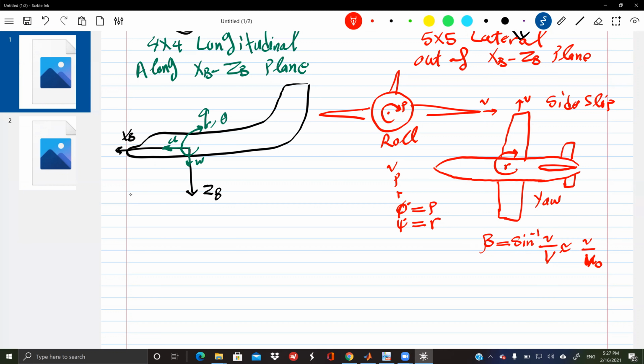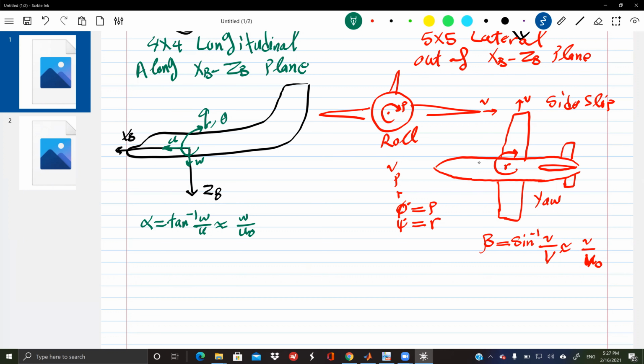The same goes with the angle of attack alpha, because alpha is tan inverse w over u naught, or w over u. Approximately, it is w over u naught. So whenever I mention w of the airplane, I really mean the angle of attack and vice versa. So they are not new angles or additional variables. They are already embedded in the translational velocities, little v and little w. Okay, perfect.